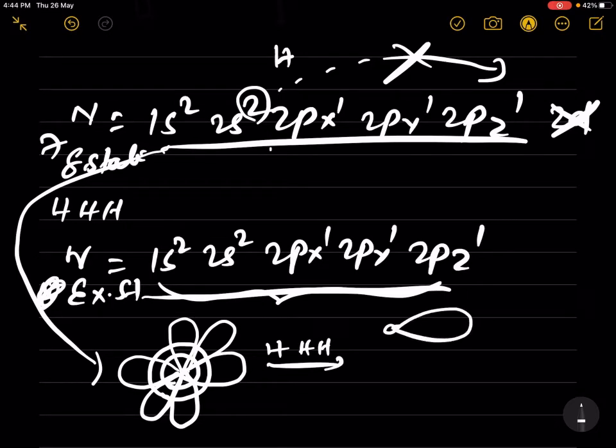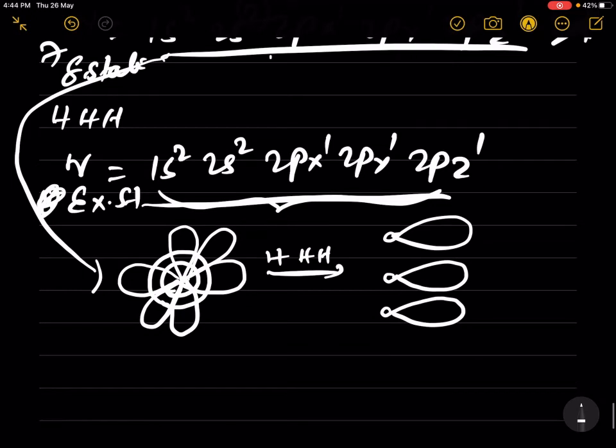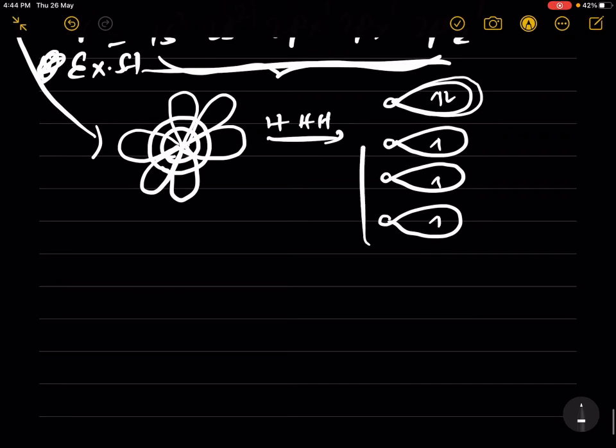2s becomes, then 2px becomes like this, 2py, then 2pz. You see, in 2s there are 2 electrons, and in 2px, 2py, 2pz you'll find 1 in each case. You see, this one is slightly bigger in size, and I can write these 4 hybrid orbitals like this.